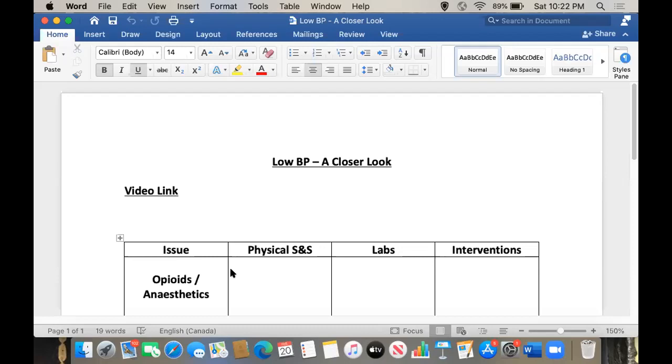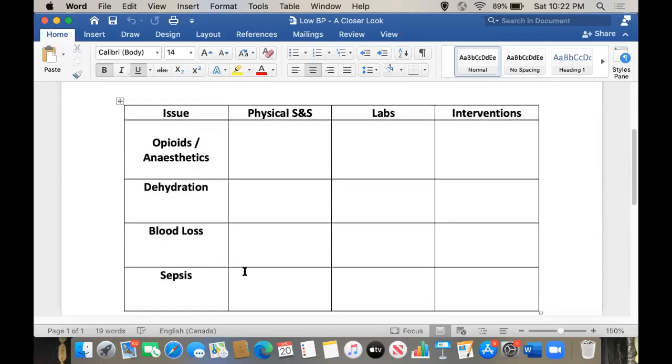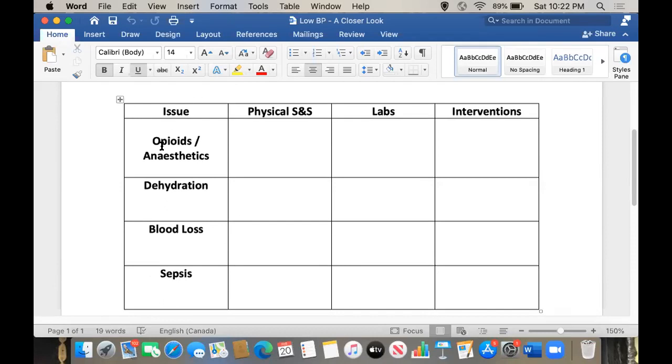So we're going to be discussing basically four major issues that are fairly common in terms of what could possibly be underlying or foundational to the low BP that we're finding on the patient.